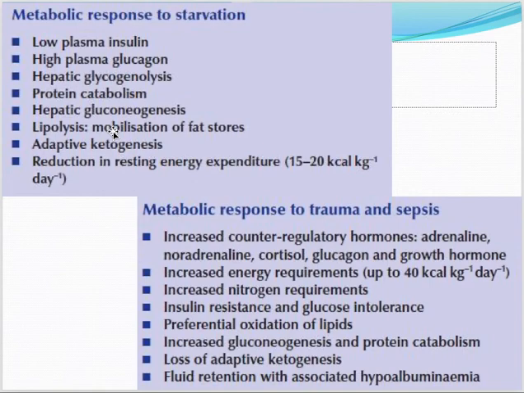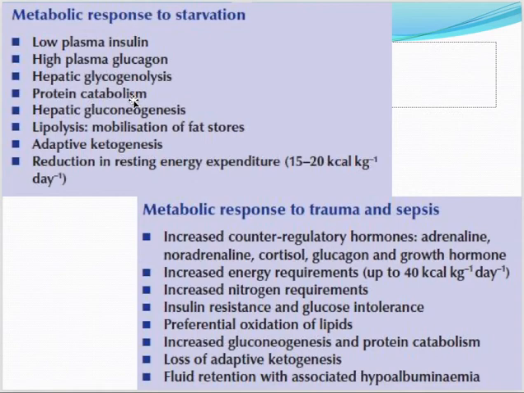So simply, in the time of starvation, the liver starts producing glucose by breaking down the proteins or the fats, and that's why, as you can see over here, there is lipolysis, or the breakdown of the fat cells, going on one hand. There is protein catabolism, or you can say the protein is broken down, right?